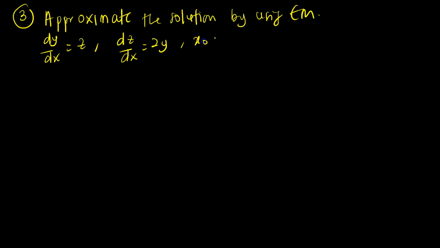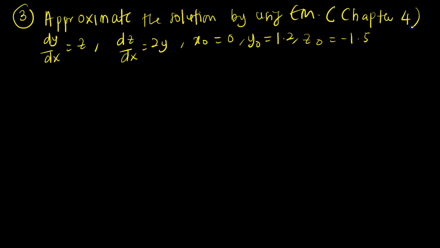We have x naught equal to 0, y naught equal to 1.2, and our z naught equal to negative 1.5. So now how can we approximate this by using Euler method? You have to refer back to chapter 4, which is solving a system of equations by using Euler method.